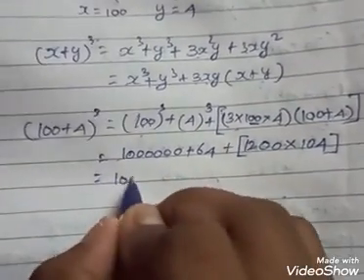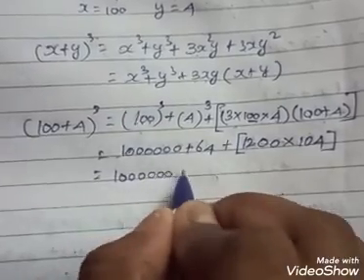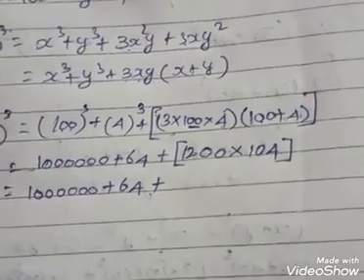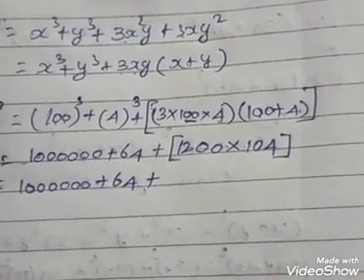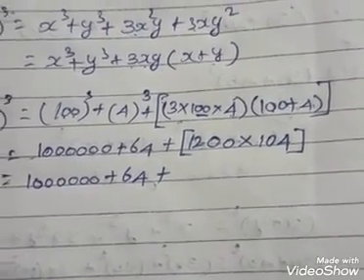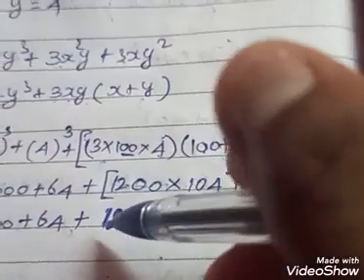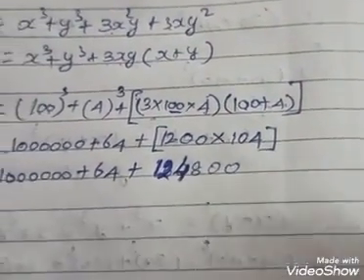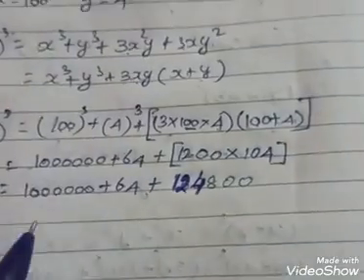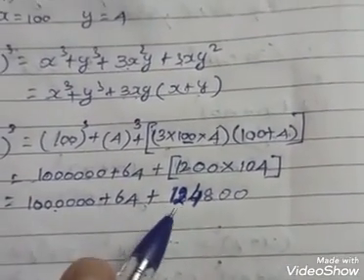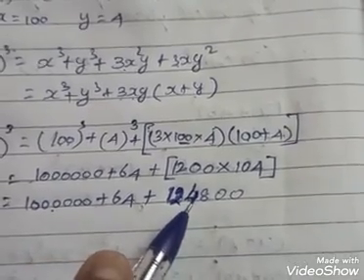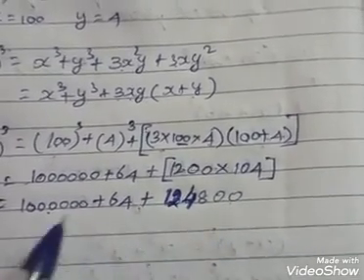Now 10 lakh plus 64 plus 1200 into 104. You got the value 1,24,800. So simply you have to add these three values. 10 lakh plus 1,24,800 gives 11,24,800.